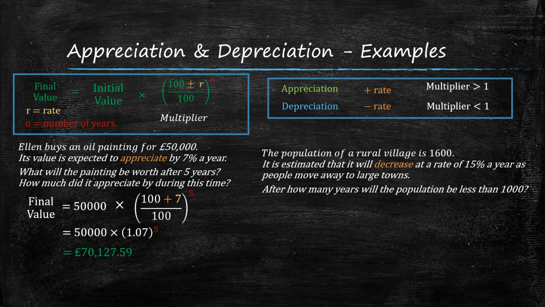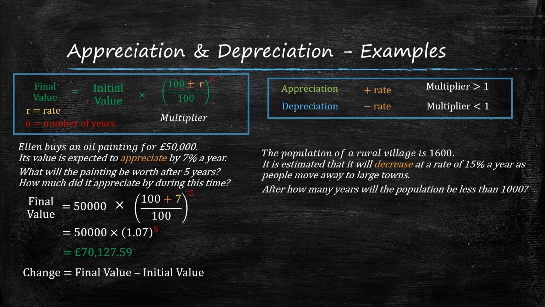Now plugging these figures into our calculator, we get £70,127 and 59 pence as our final value of the oil painting after 5 years, and then we need to calculate the amount that the oil painting appreciated during this time.